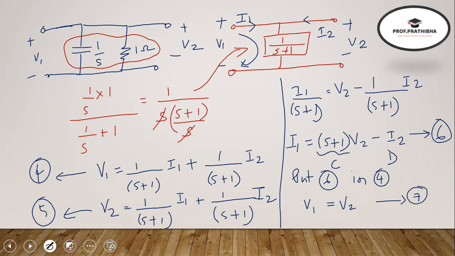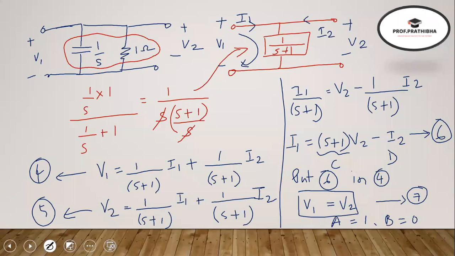So what we are getting here is nothing but one of these terms is 0. So which one is 0? A is 0 or B is 0? When you're getting V1 is equal to V2, which term has become 0? A or B? Yes, B has become 0 because A is 1 here and B has become 0 here.